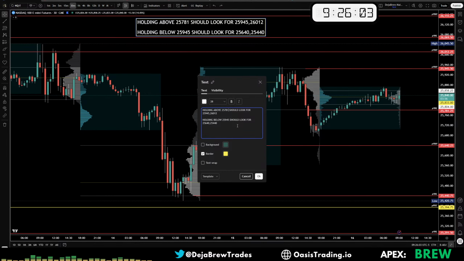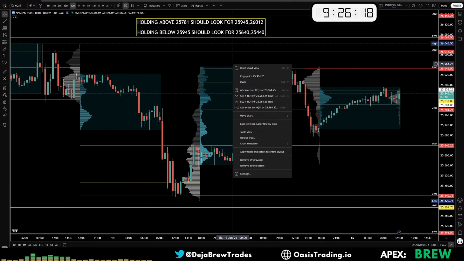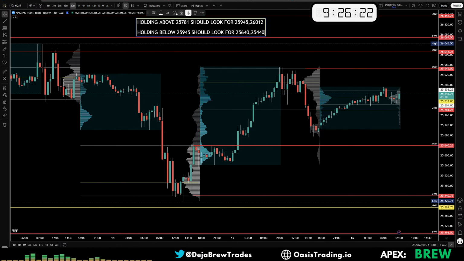I think I did that last night because we were opening up below it, so we were under the value. So holding above 781, we were looking for that retrace back into that high there. But now that we're inside of value, let's go ahead and change this.